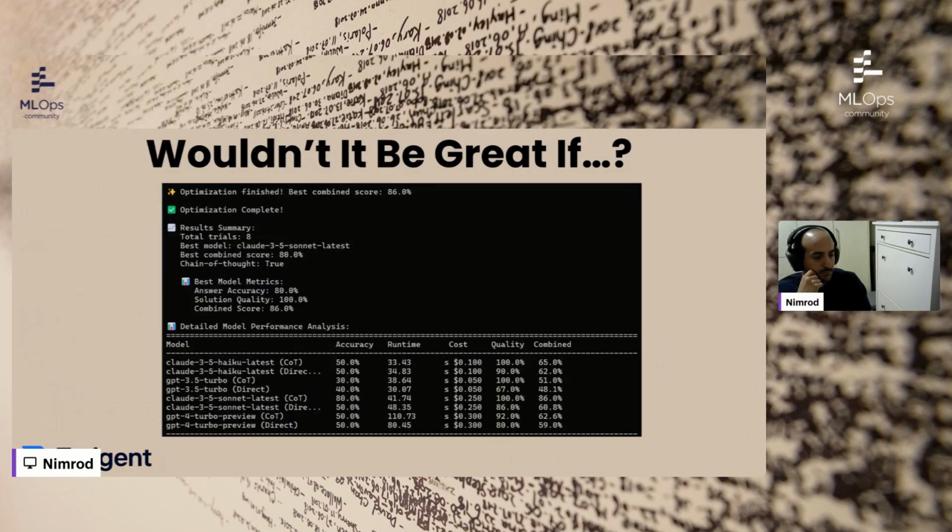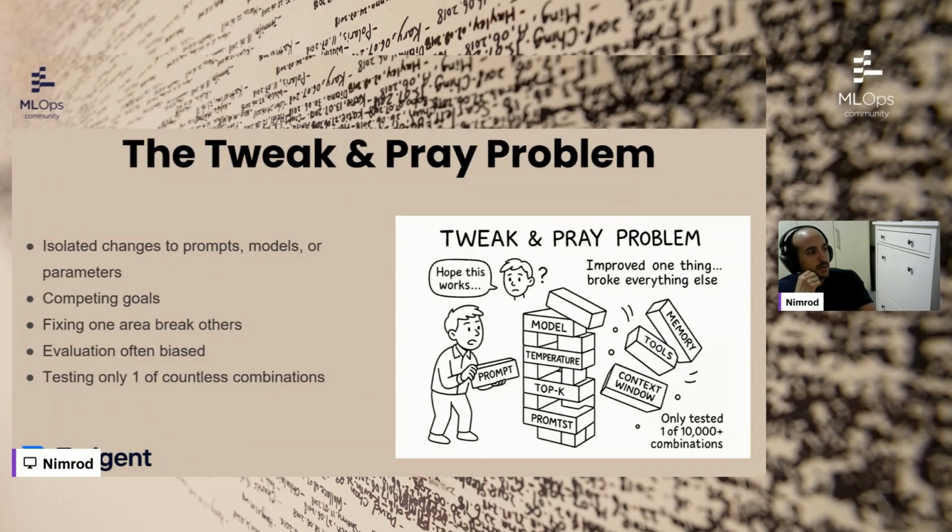So we're after something like this, taking an existing code and helping engineers make educated decisions instead of making guesses. Now, what does the current process of developing an AI agent look like?